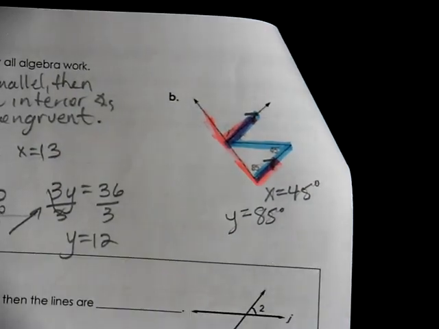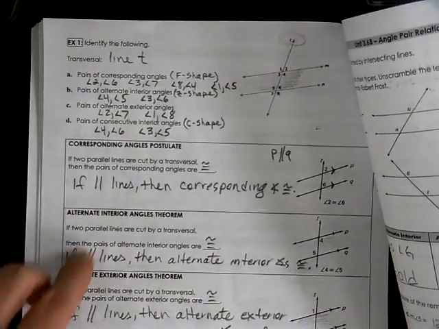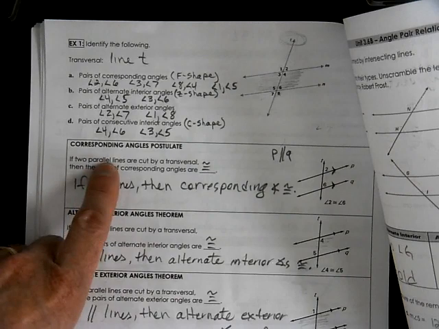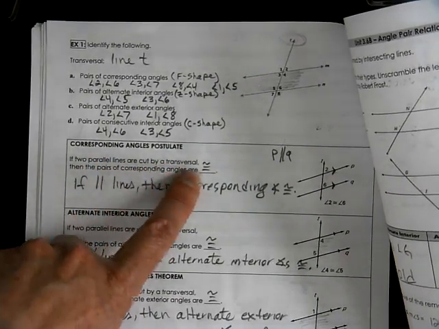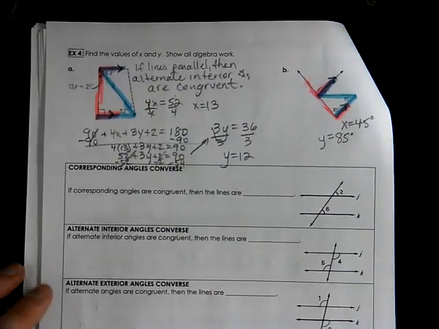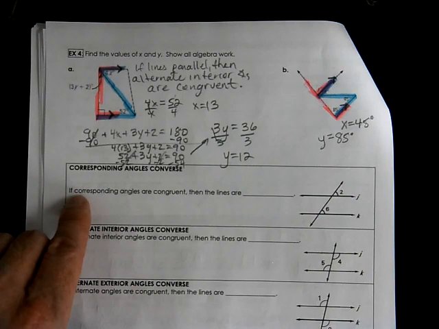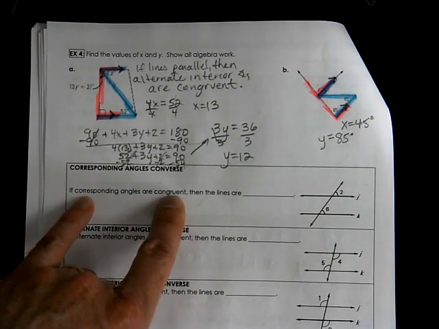The last thing we're going to look at is the converse. Yesterday we learned that if two parallel lines are cut by a transversal, then corresponding angles are congruent. So today we're going to flip that around. If corresponding angles are congruent, now we're saying it in the other order.